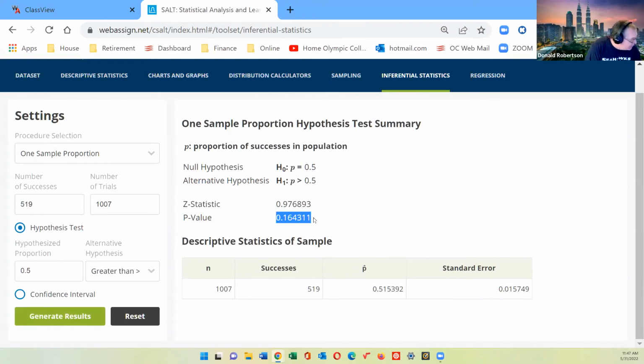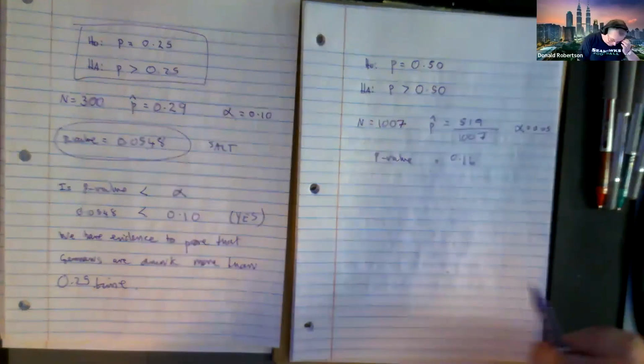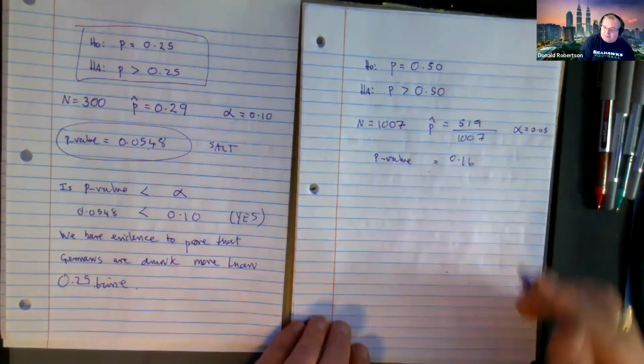The p-value is 0.16. Now, the reason I said, oh dear, is I've just spent $10,000 with the Gallup poll company because I'm really sure my guy's going to win. And the p-value that came out was that guy.